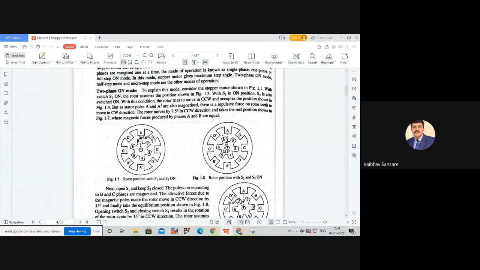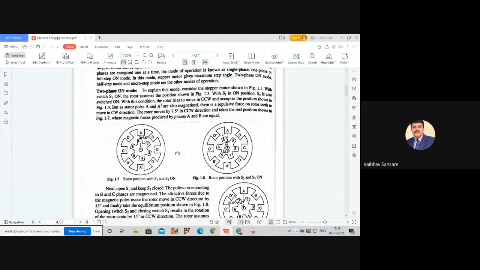Now the next mode of switching is that we open S1. When we open S1, by keeping S2 in closed condition, coil A dash gets de-energized, whereas coil B dash is in energized condition. Due to this, rotor teeth 2 and 5 try to locate themselves under the influence of B and B dash.